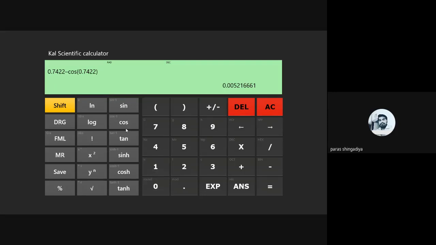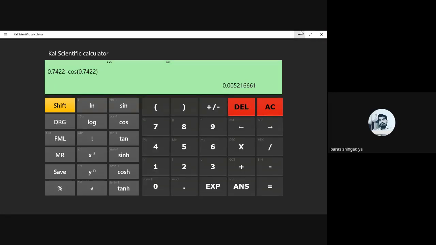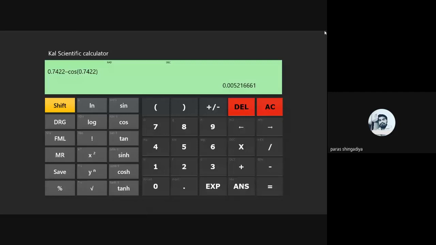Now let us complete the remaining example.